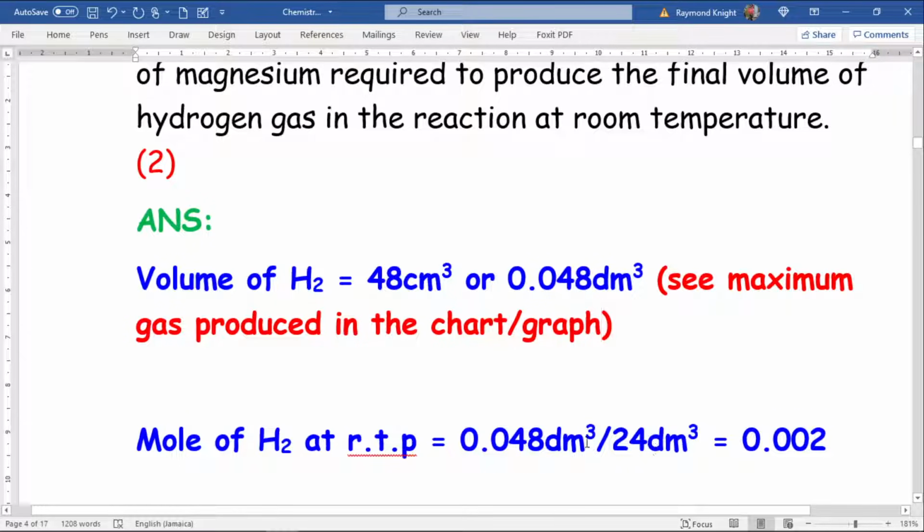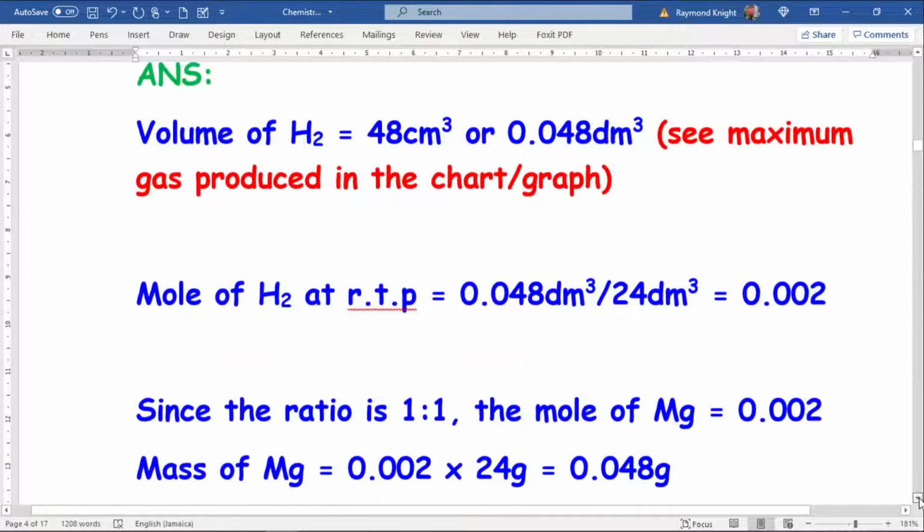If you're going to use centimeters cube, then you have to use 2,400 centimeters cube as RTP. But nevertheless, I converted to dm cube. So the mole here would be the volume divided by the conditions that we're using, this RTP, which is 24. So you get 0.002 moles of hydrogen gas.